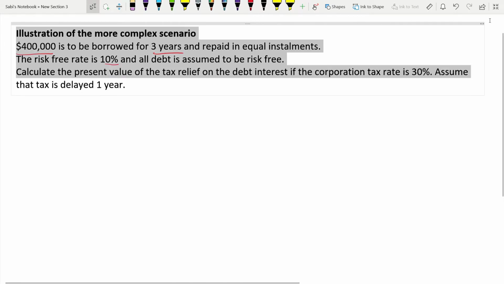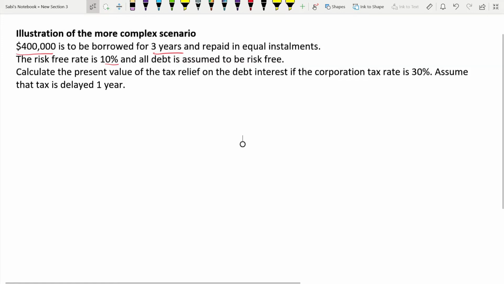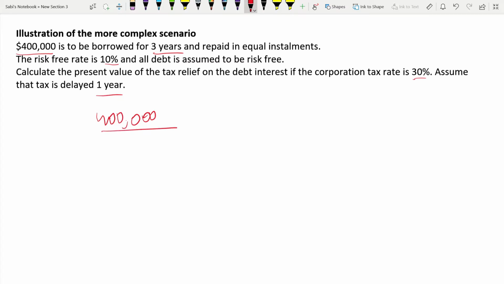Calculate the present value of the tax relief on the debt interest if the corporation tax is 30%. Assume the tax is delayed 1 year. What is your step 1? You need to find the annual repayment amount. That is the amount of the loan, 400,000, divided by the annuity factor for 3 years at 10%.